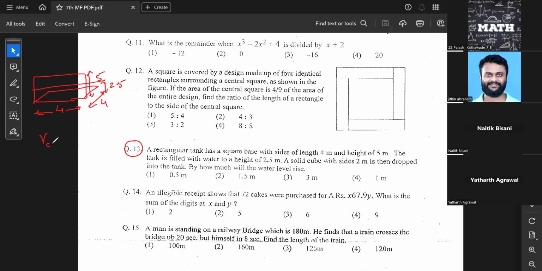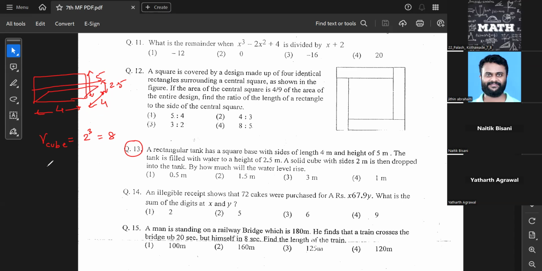So the volume of the cube is 2 cube because the side is 2. Side cube is the volume of the cube, which is nothing but 8. So 8 is the volume you have inserted inside. Now, because of this insertion, you will have to find how much the height is increased.